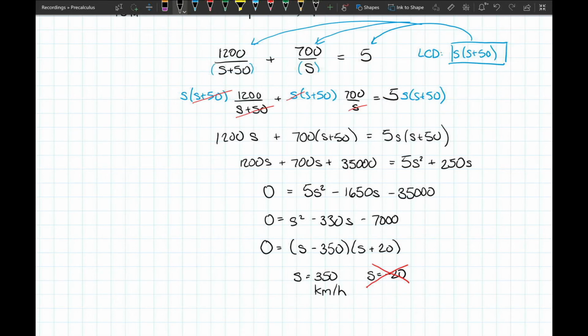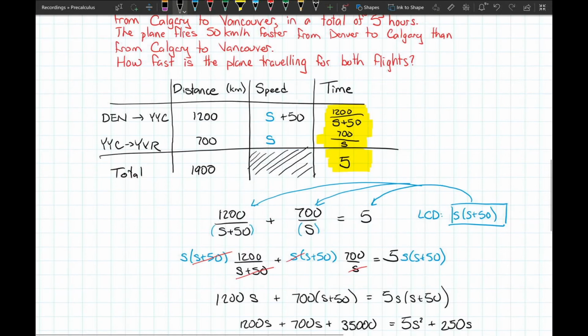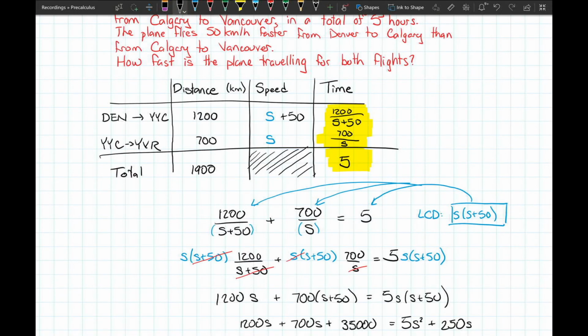Now, was that the speed from Denver to Calgary or from Calgary to Vancouver? Take a look back at this table so you don't have to read the question again, and we said that that was the speed S from Calgary to Vancouver.